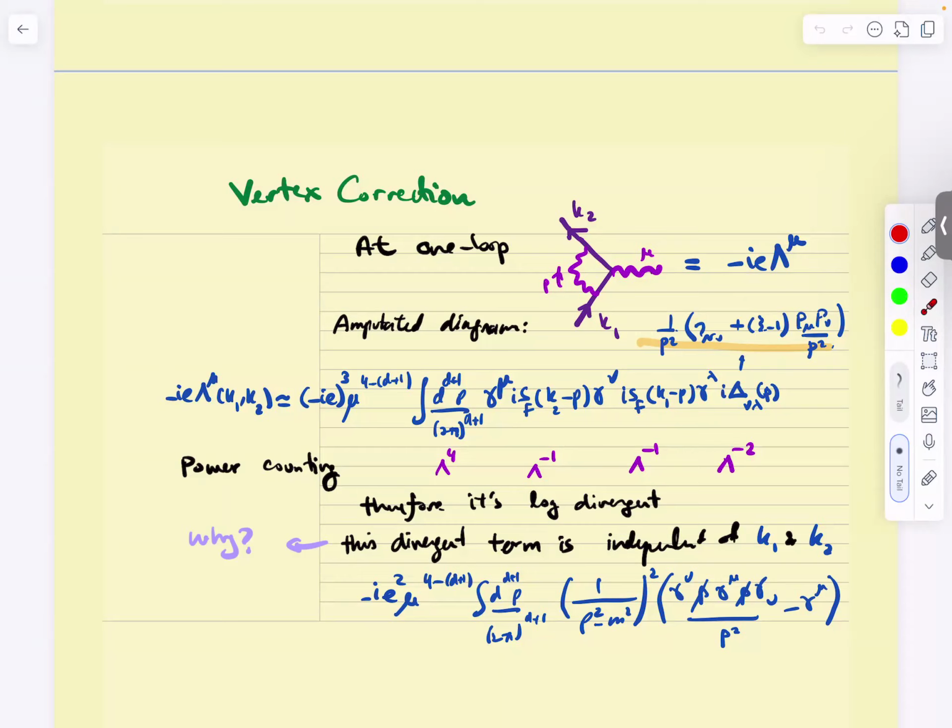This is q slash minus m minus sigma. There's a normalization of mass and there's a normalization of the wave function. This is the propagator of the photon.